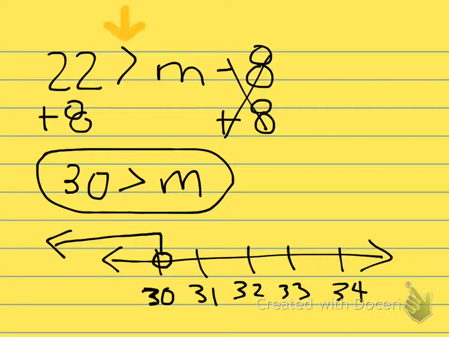Notice I also put an open circle at 30. The open circle is there because we're not actually counting 30 as our answer. It needs to be numbers less than 30. So we don't want to include 30 in the answer, so we put an open circle at 30, and then we point our arrow towards numbers less than 30, which is what our answer says.